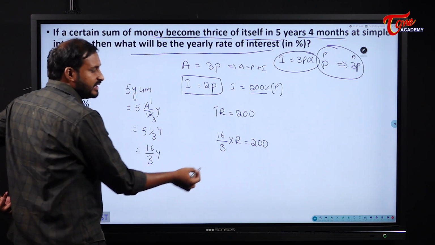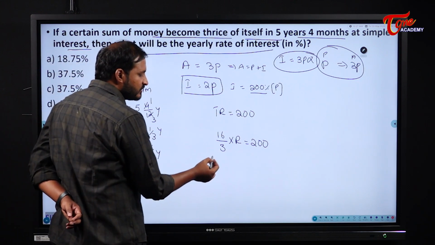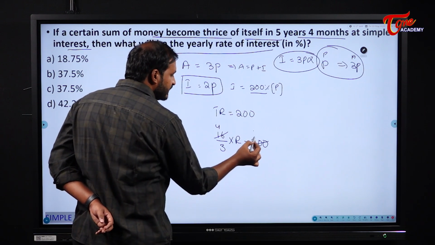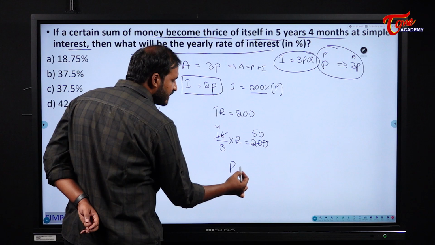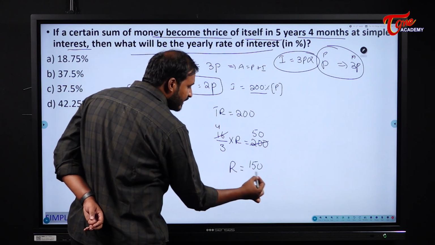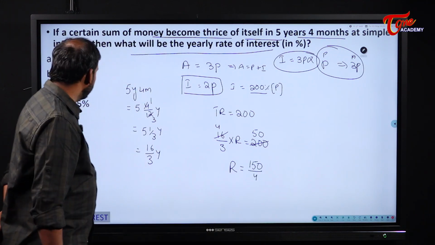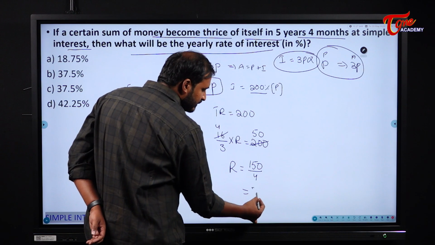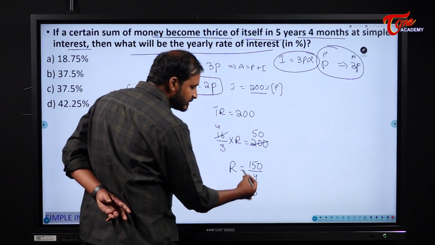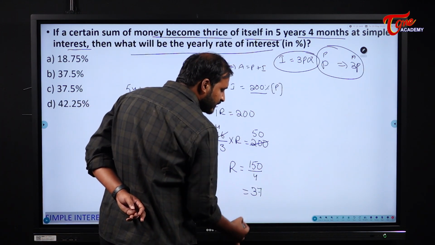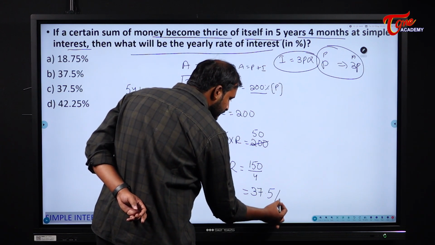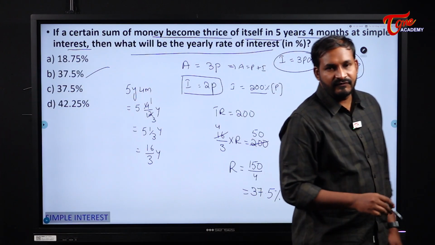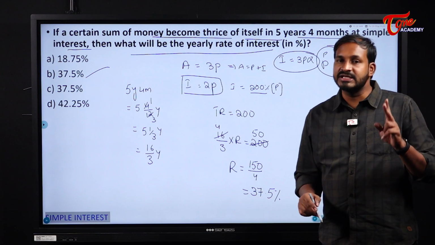So 16 by 3 into R. So what happens to this one, students, now? 4 4s are, 4 50s are, and rate of interest will become what for me here? 150 by 4. 150 by 4, what it becomes, students? 4 3s are 12. 30 means 4 7s are 28.5. 20. So the rate of interest here will become how much? 37.5%.